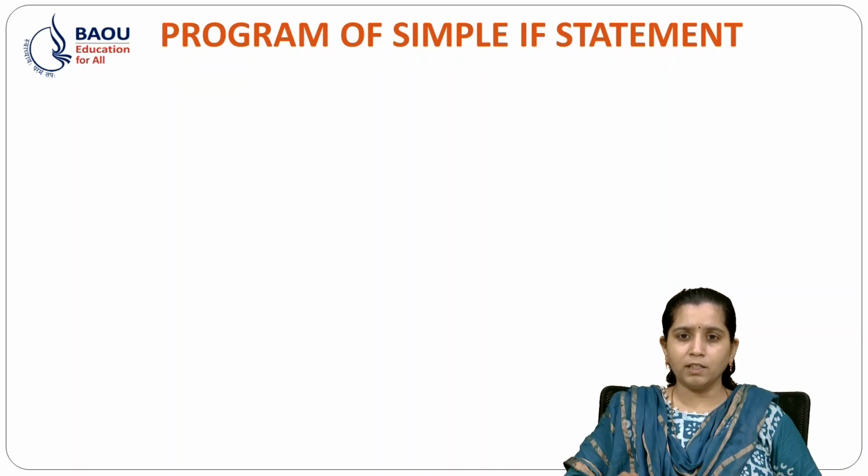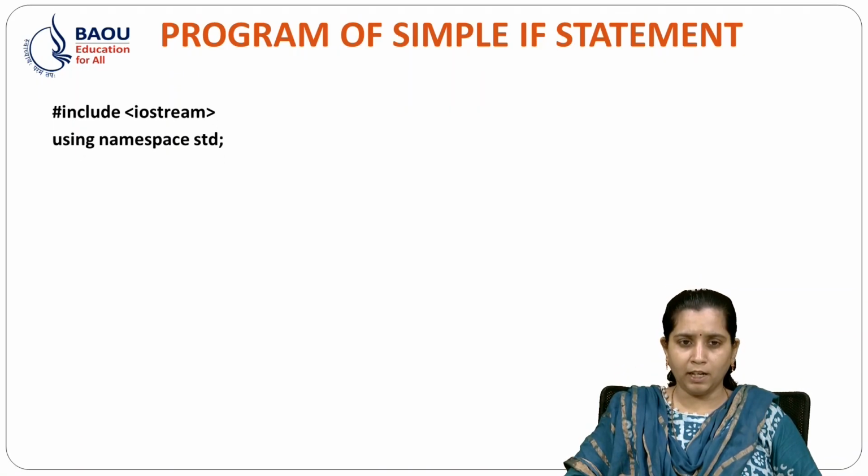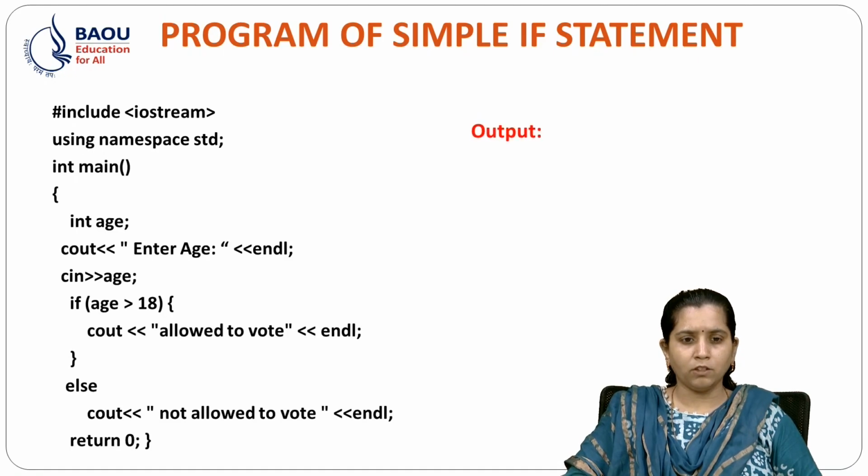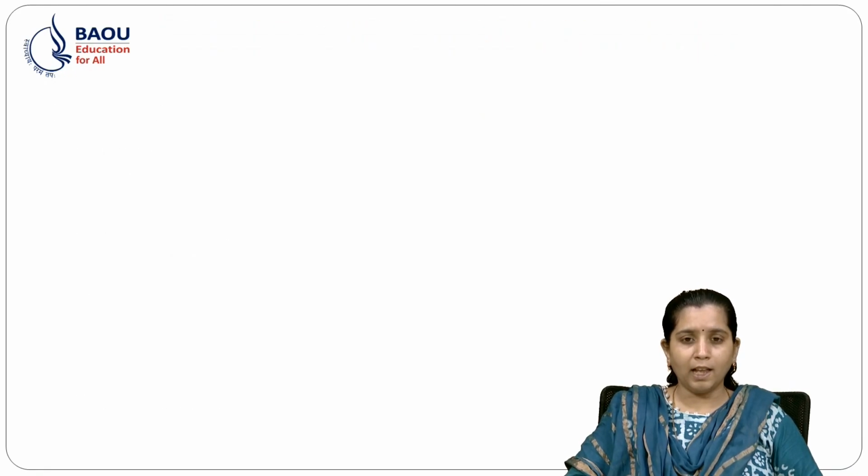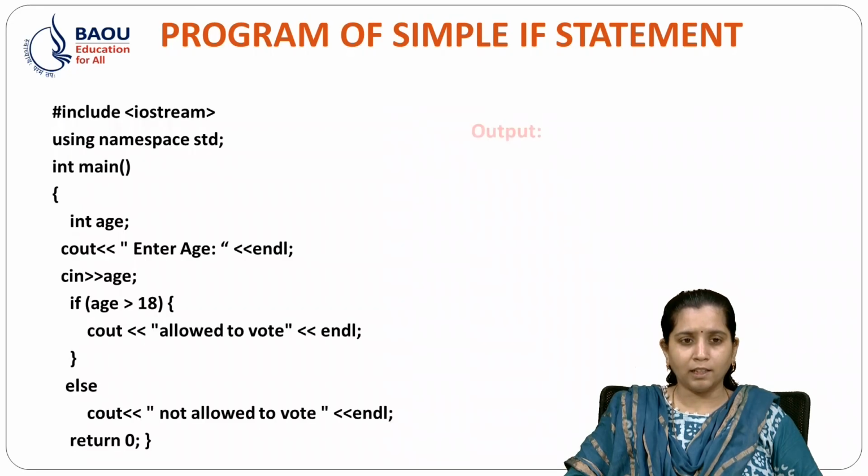Now let's see one simple program of simple if-else statement. In the last slide we have seen that first of all we have taken int age, and we will ask the user to enter his age. If his age is greater than 18, then the output we will get is allowed to vote.